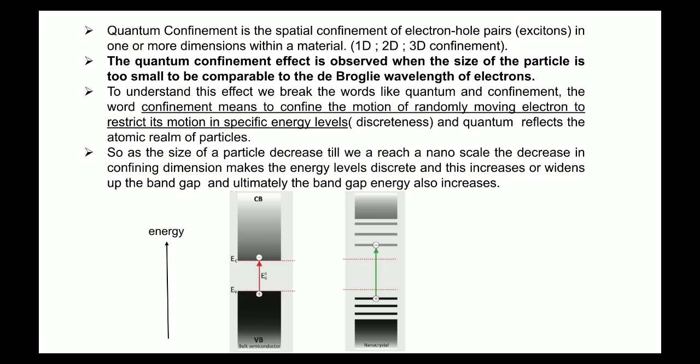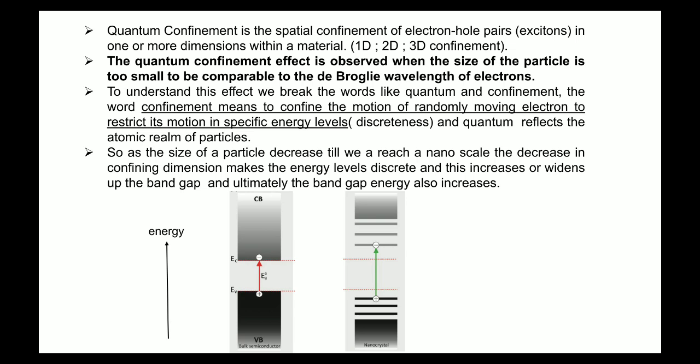There is a second effect also observed in quantum confinement. What is that effect? You can see on your left hand side that the bands are continuous, and the band gap Eg is represented with a red arrow. The red arrow represents the distance between the valence band and the conduction band.